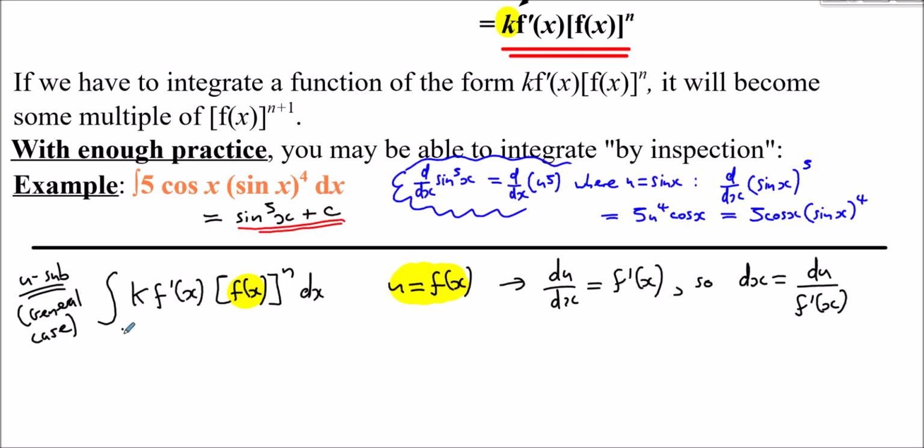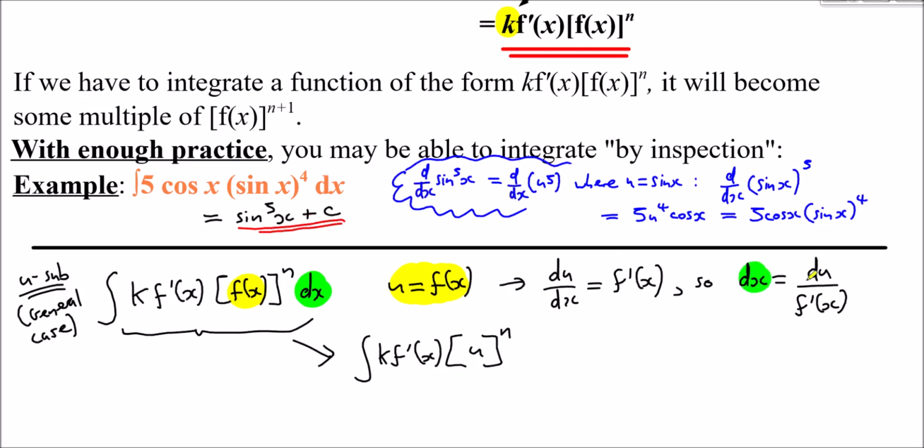So this transforms in terms of u to k f dashed of x. f of x we can now just say as u to the power n, and then dx is one and the same thing as du over f dashed of x.